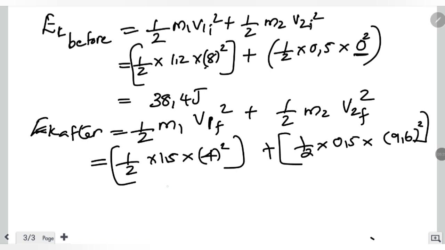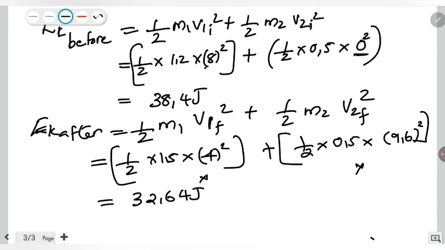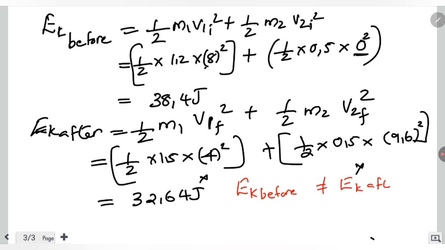This is for the first trolley, X, and this is for trolley Y. When you calculate, your answer is 32.64 joules. Now you can see EK before and EK after are not equal. How do we conclude? We say EK before is not equal to EK after. So what type of collision is it? Inelastic collision, because in an inelastic collision, EK before is not equal to EK after.